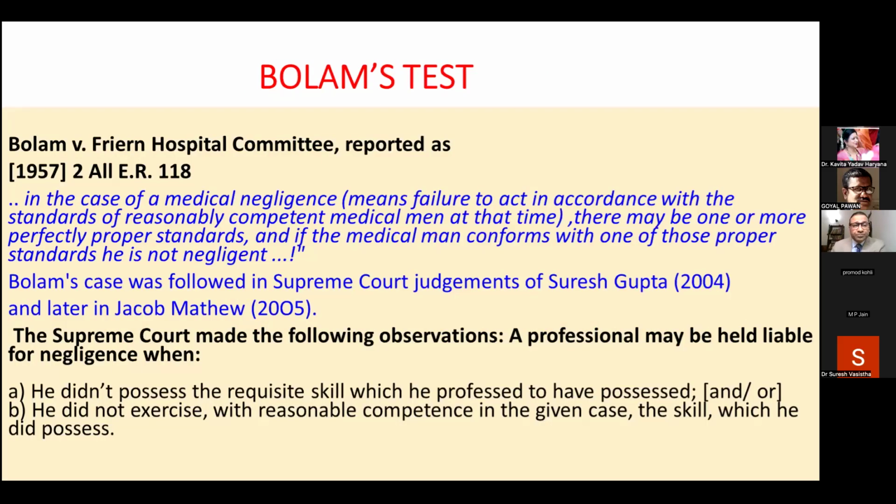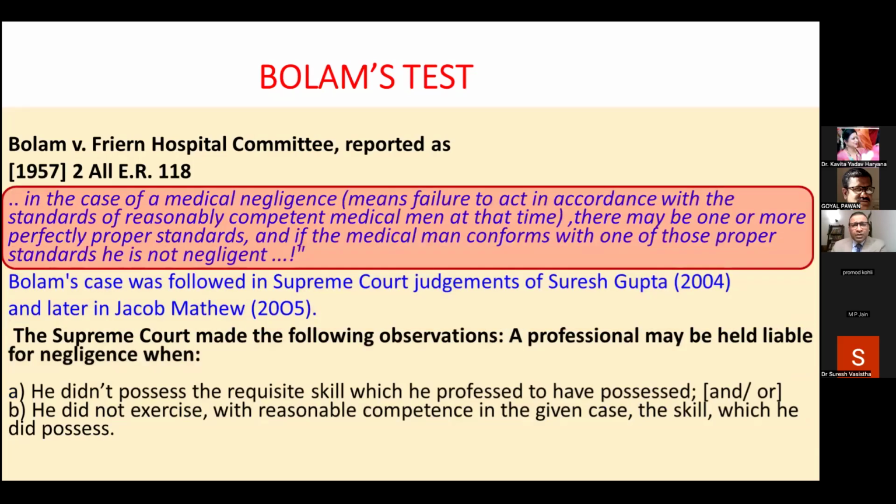Then again, as I told, the same thing. So proper standards have to be taken care of. And this judgment was, as I told, followed by the two landmark judgments of Suresh Gupta and, a year later, the Jacob Mathew judgment.